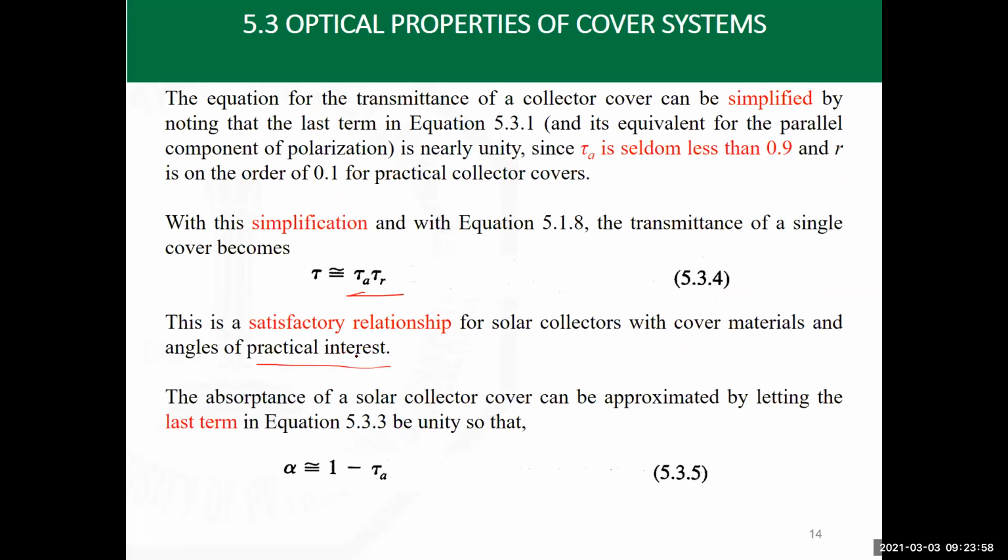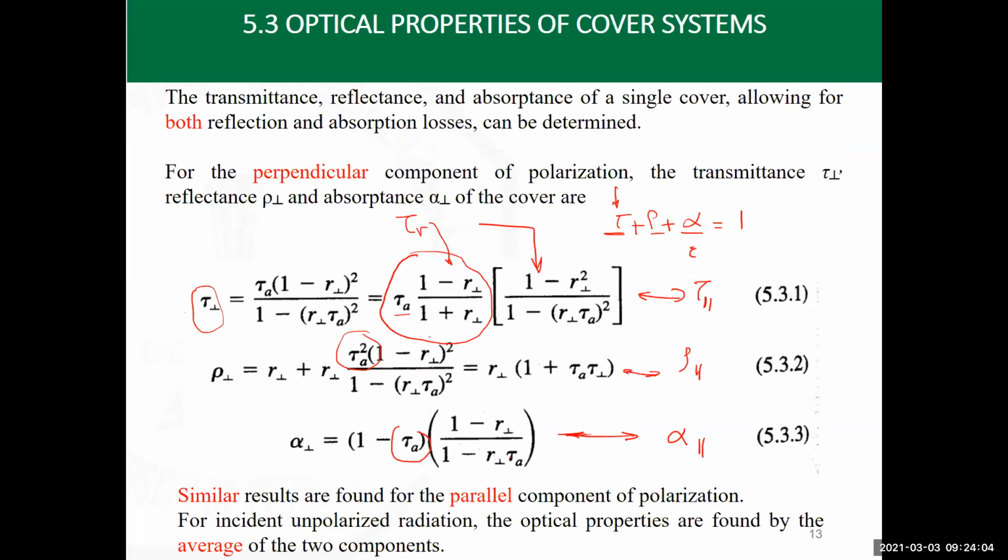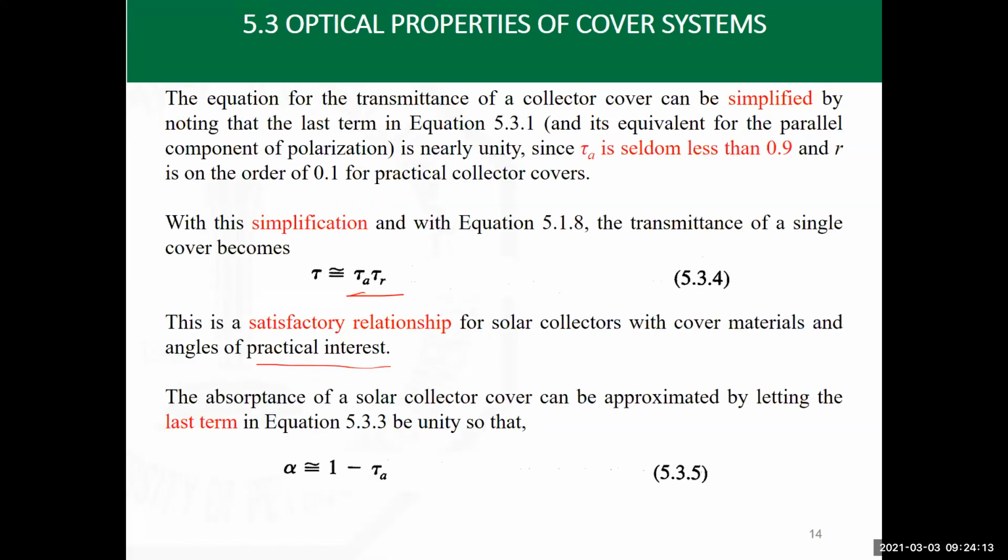The ones being used for solar collector covers all have a value close to 1 for the components between the square brackets, and accordingly, the square brackets can, as a good approximation, be considered equal to 1.